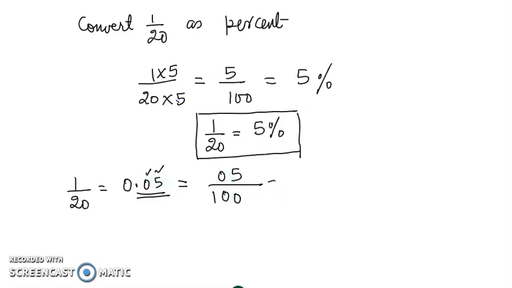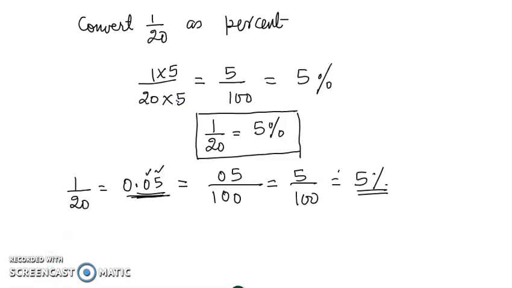So that is 5 by 100. 0.05 is 5 by 100. So you got 5 by 100, that is 5%. So a fraction can be asked to be changed into percent, which is done here, and also into decimal.